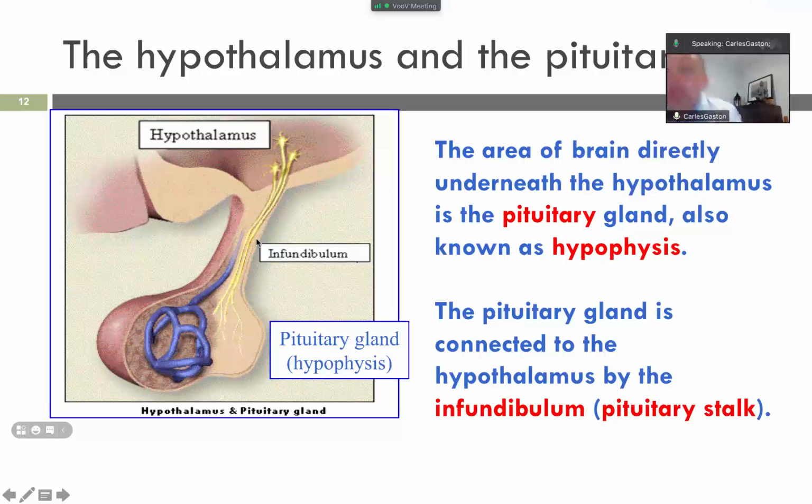And this is very important because, as you will see through the next 3 lectures, damage of the infundibulum, either by tumor growth, mechanically by accident, or through a disease, impairs the secretion of hypothalamic releasing hormones into the pituitary and totally breaks this axis.